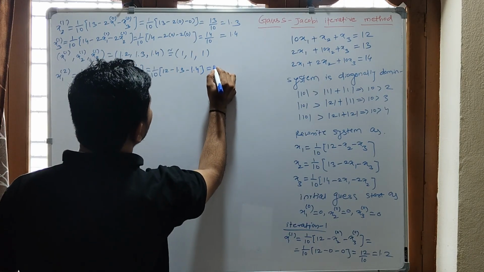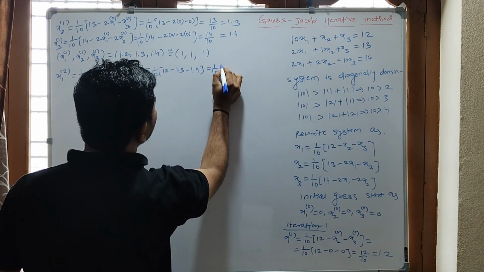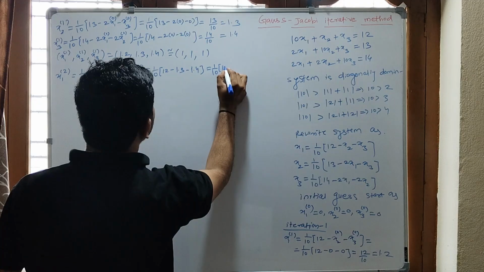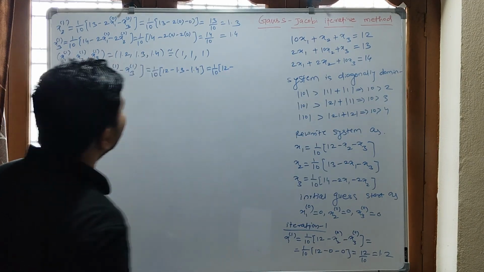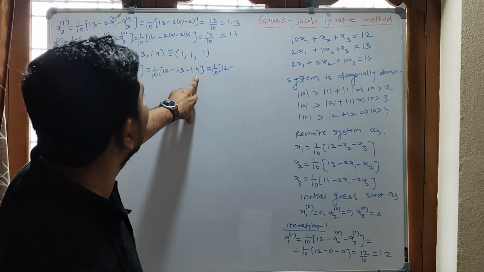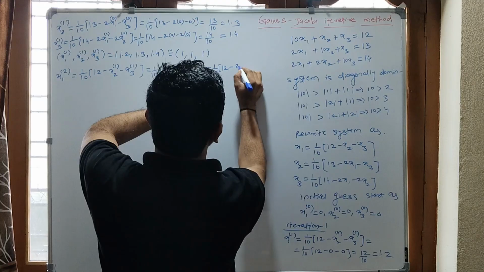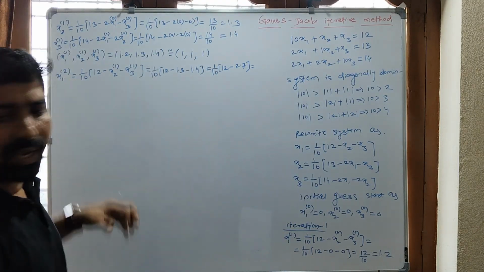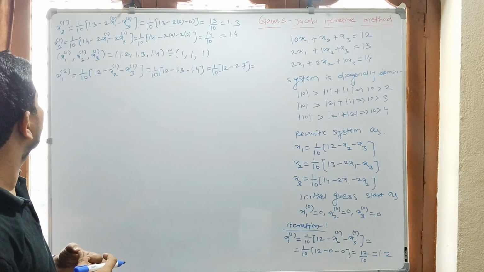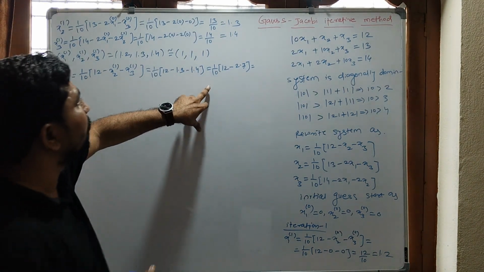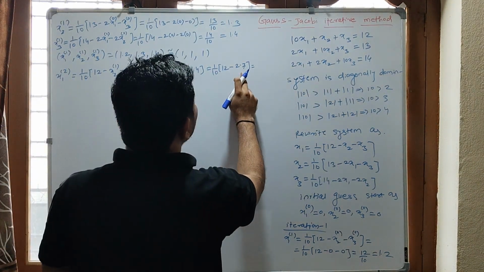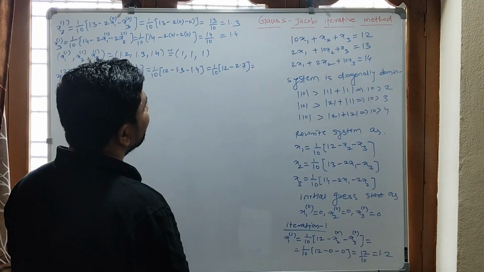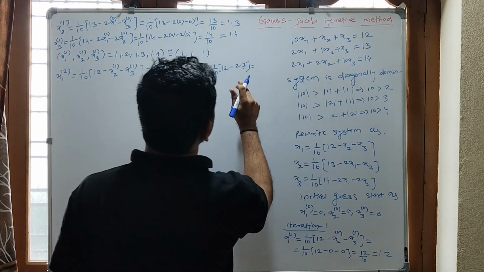Now, 1 by 10 times 12 minus 1.3 minus 1.4, that is 2.7, which is equal to x1 at 2. You can just calculate this: 0.93. So here 0.9.